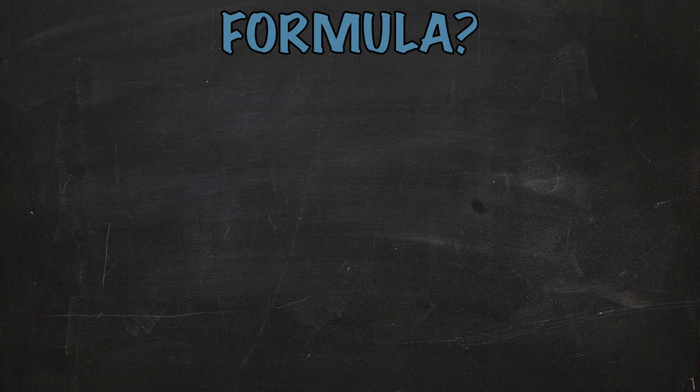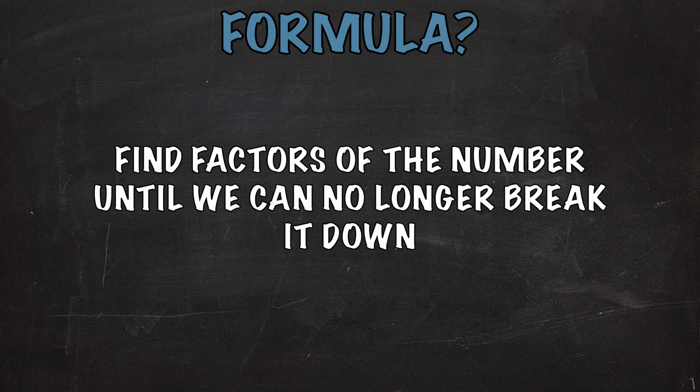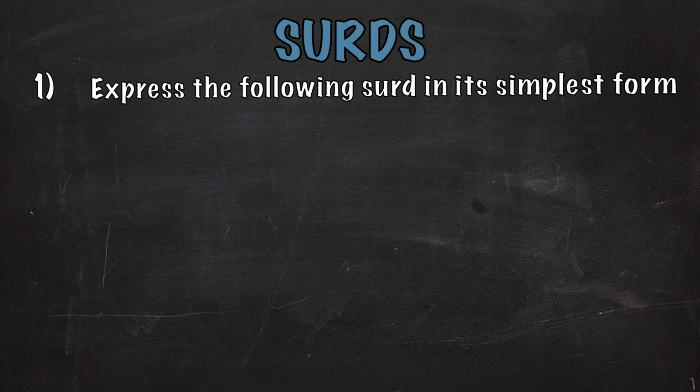There's actually not a formula which we can use, but there are certain rules that we can follow which will help break down surds so that they are simpler. The rule is that we need to find all the factors of a given square root number and break it down like a factor tree or prime factorization, whichever terminology you are more comfortable with, until we can no longer simplify. So with that rule in mind, let's look at our first example.